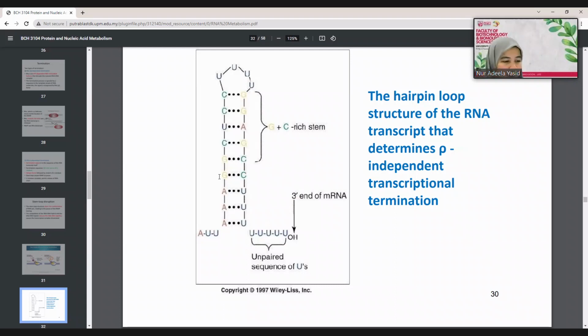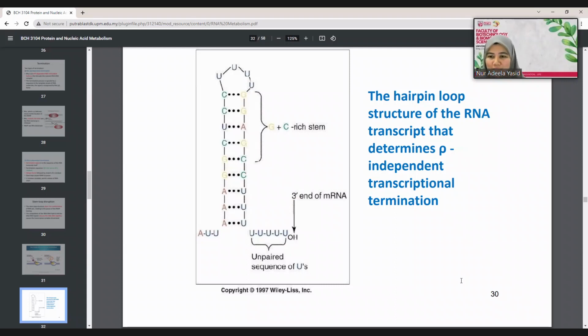And it will affect the stability. Okay, lagi-lagi ada this series of uracil residues. We know that uracil ke, AT-rich ke is very unstable. So it will lead to the dissociation of the RNA polymerase from the complex, because they alter conformation.